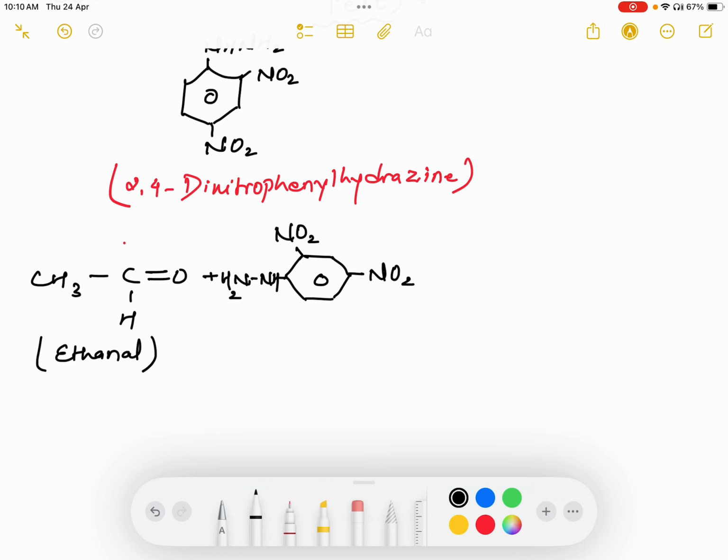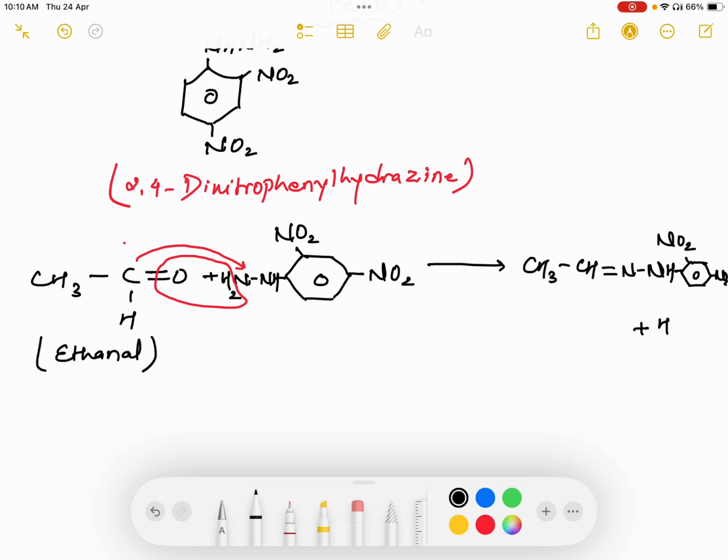Now, the two hydrogens from hydrazine and the oxygen from the carbonyl group will combine and be liberated in the form of water. The C double bond O will make a linkage with this nitrogen, and the compound formed will be CH3, CH, double bond N, NH, with a benzene ring containing two nitro groups.